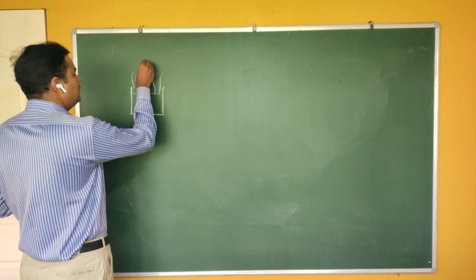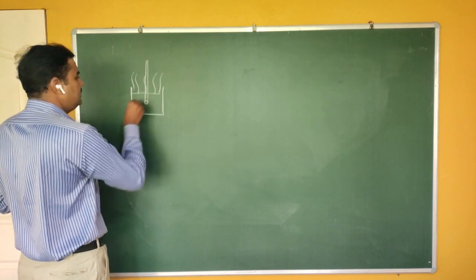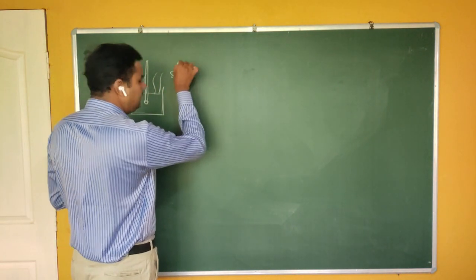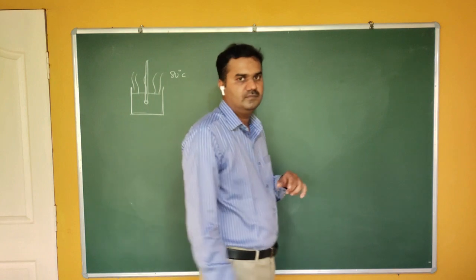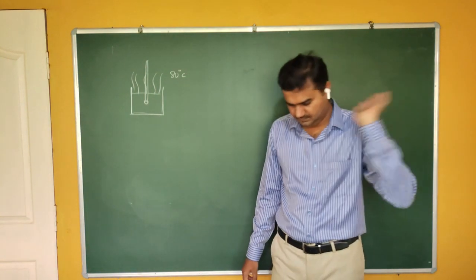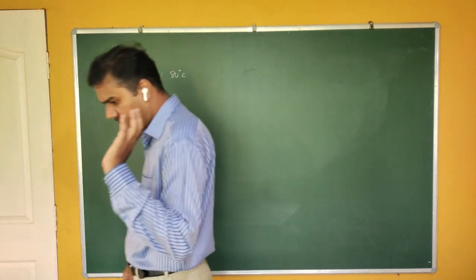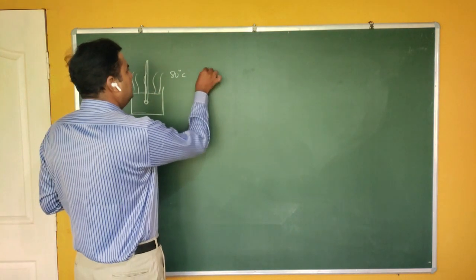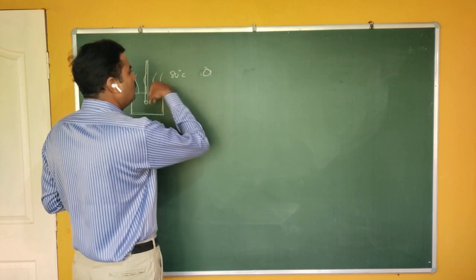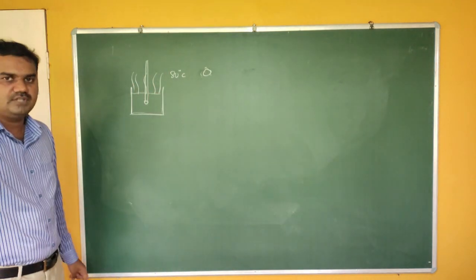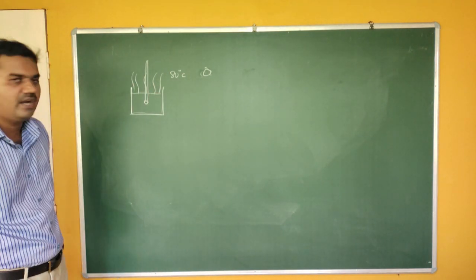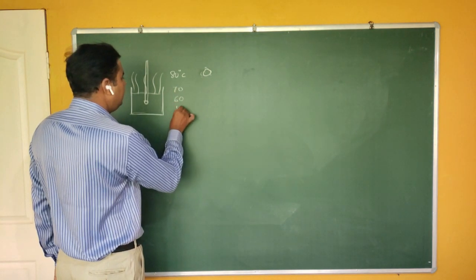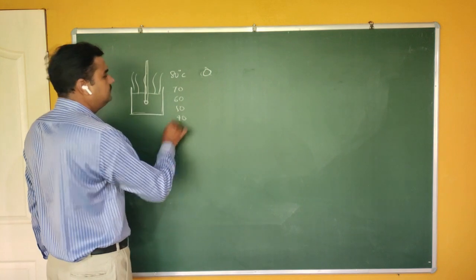You put the thermometer in the hot substance, milk or water, whatever it may be, initially raised to some 80 degrees centigrade. Then you put it on the table and just measure the time. When your temperature is 80 degrees centigrade, let me assume that this time is 0. You start the stopwatch, and the temperature starts decreasing: 80 becomes 70, then 60, then 50, then 40, like this.